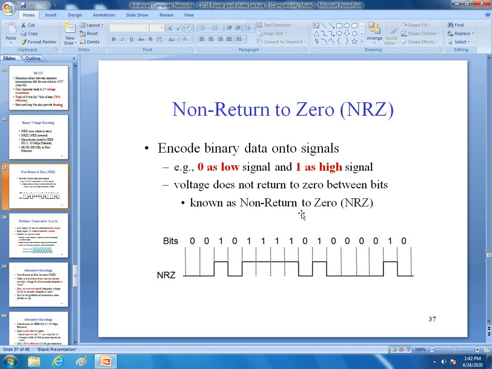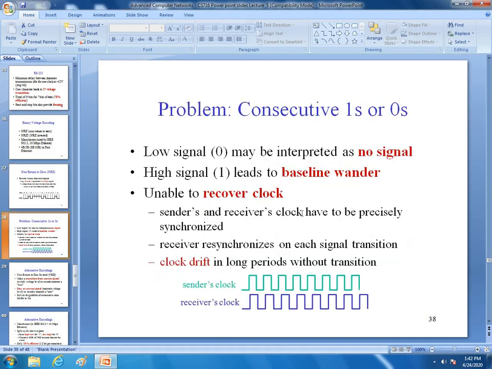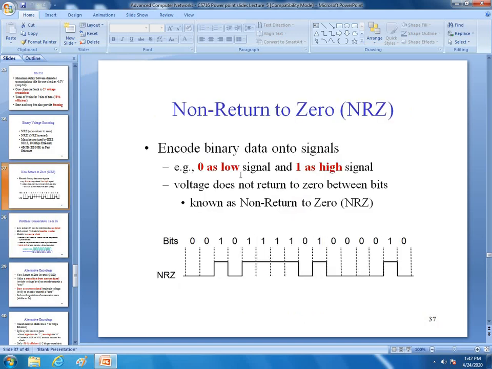However, there are some problems associated with non-return to zero when transmitting consecutive 0s or consecutive 1s. If you are transmitting consecutive 0s, you will always be at the low level, and if you are transmitting consecutive 1s, you will always be at the high level.